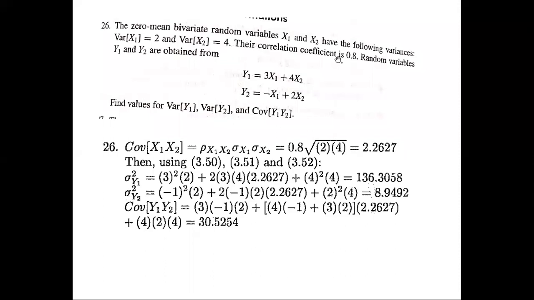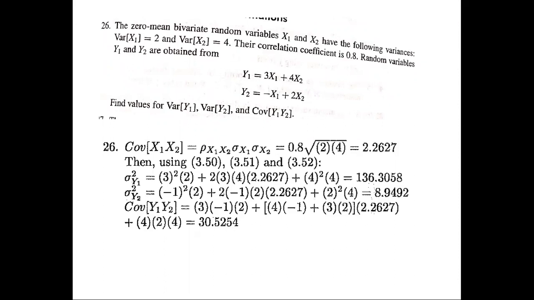Their correlation coefficient, rho of x1, x2, will be equal to 0.8. Random variables y1, y2 are obtained from the equations written over here: y1 equals 3x1 plus 4x2, y2 equals minus x1 plus 2x2. Find the variance of y1, variance of y2, and covariance of y1, y2.